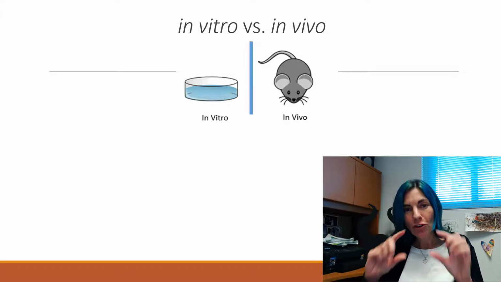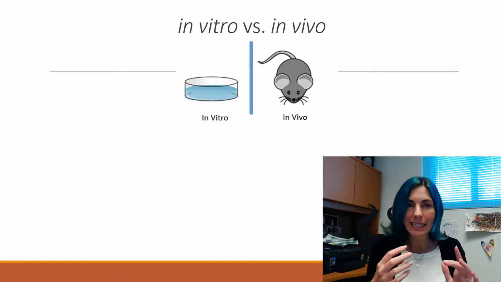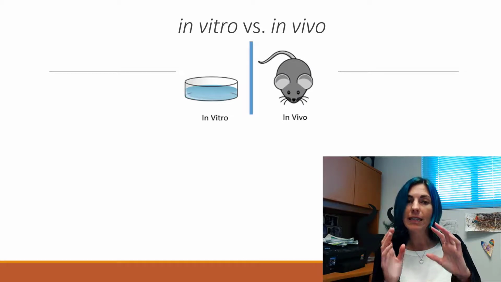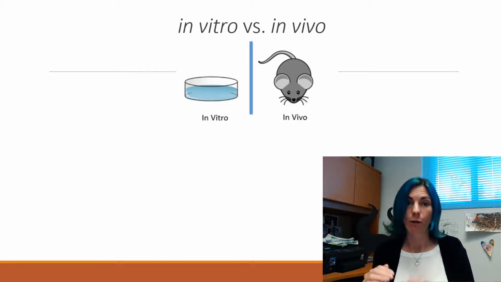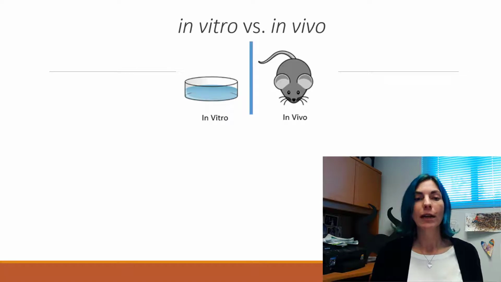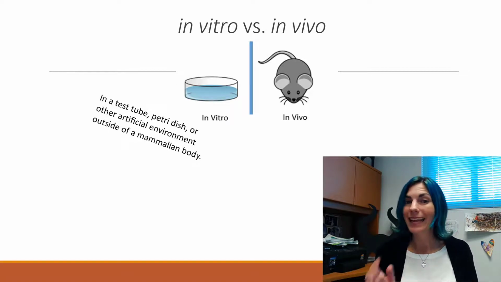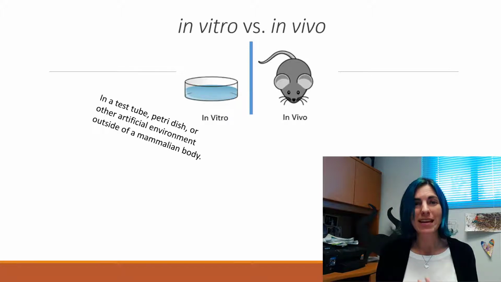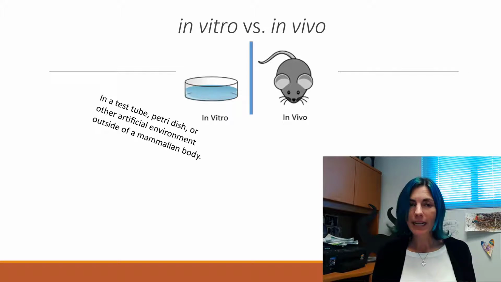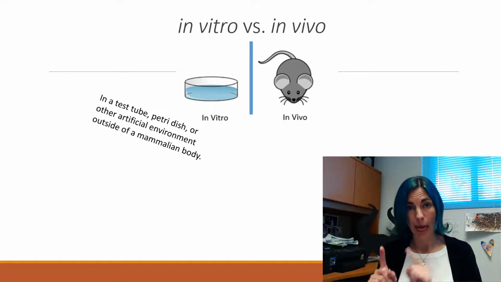Okay, so the first thing we want to think about before getting into this experimental design is separating in vitro versus in vivo. In vitro is going to be any experiment that's done in a test tube or a petri dish. It's an artificial environment outside of the human body. And just because something works in a test tube does not mean that it's going to work in a body.